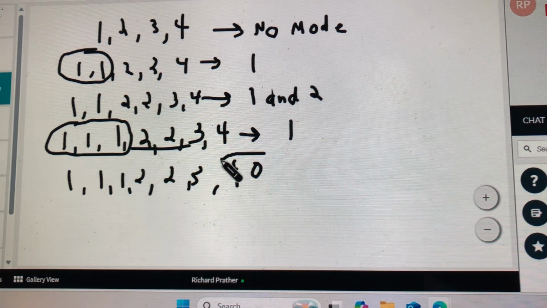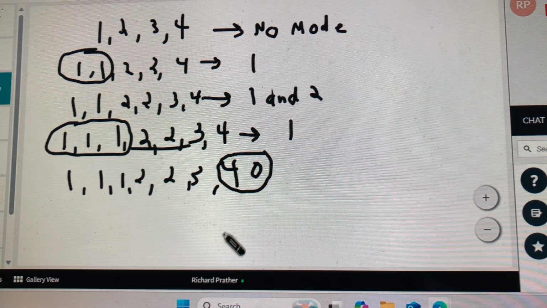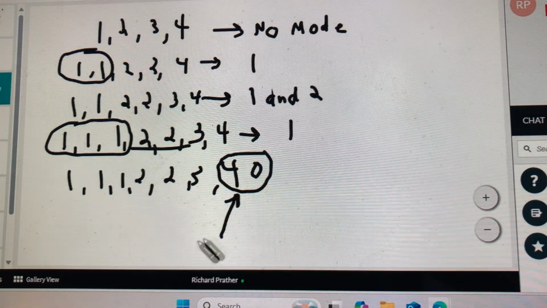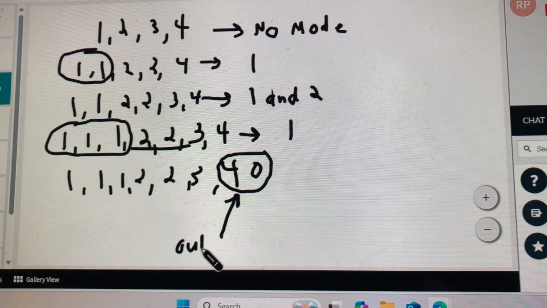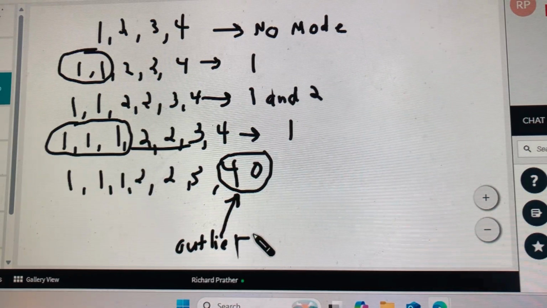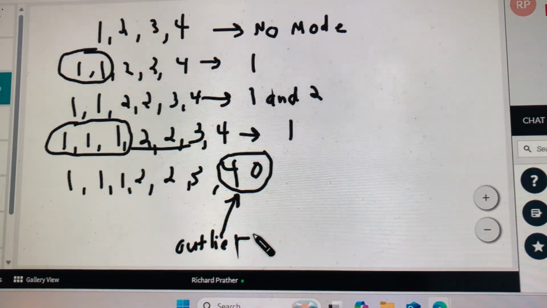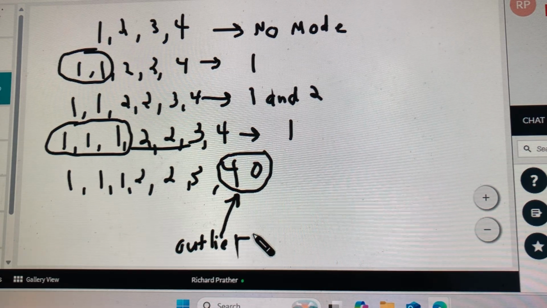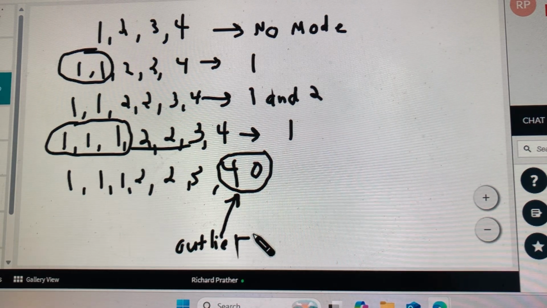When one number is greatly larger or smaller than the rest, that's called an outlier in statistics. And later in this chapter, there's a calculation you can do that will definitively say yes or no if something's an outlier. At this point, all we do is just estimate that, yeah, that seems like it's greatly larger than all the other numbers. An outlier can greatly affect 3 of these 4 calculations.